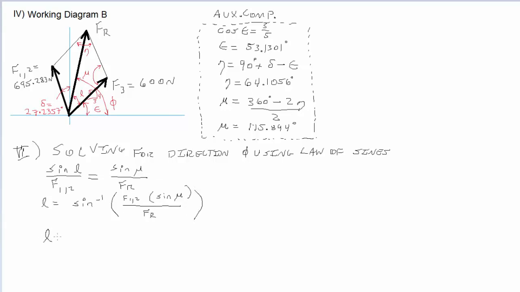Now we can plug our variables in. Lambda equals the inverse sine of F1,2, which was 695.283 newtons times the sine of 115.894 degrees divided by FR, which is 1098.99 newtons.